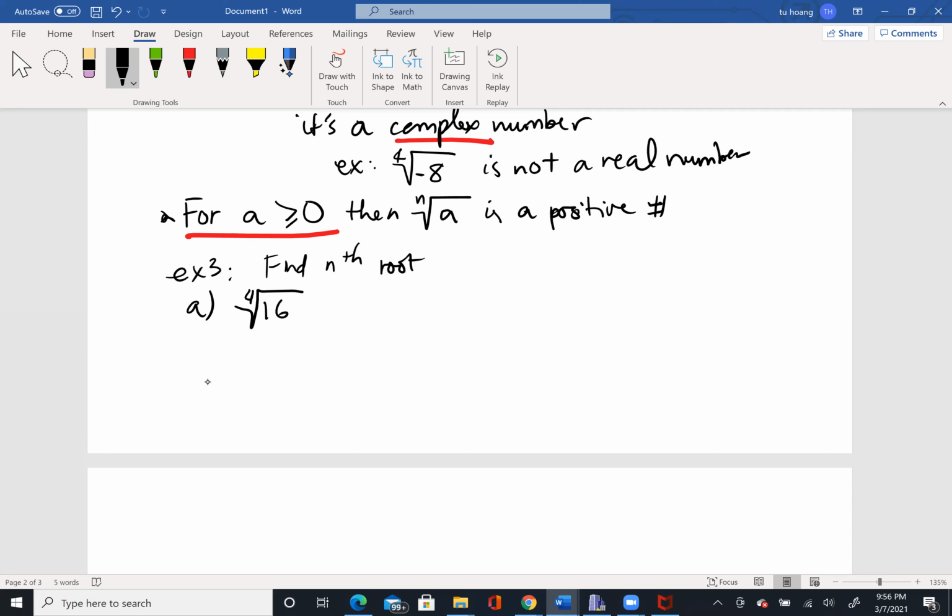Remember that if the index of the root is 4, you need to factor the radical to become 4 copies of a number.